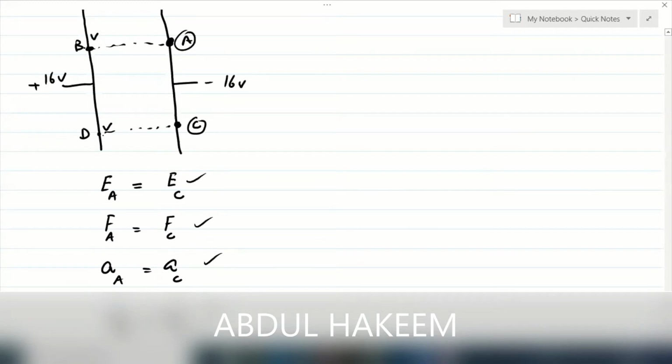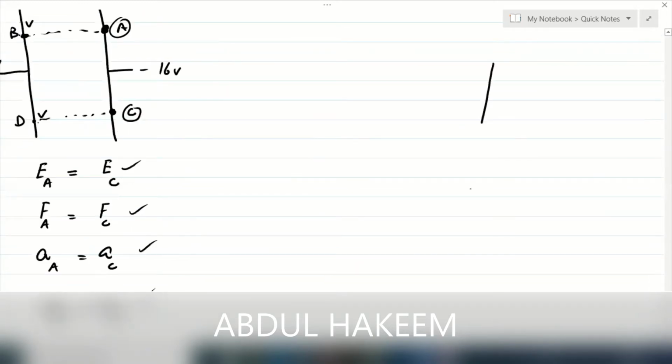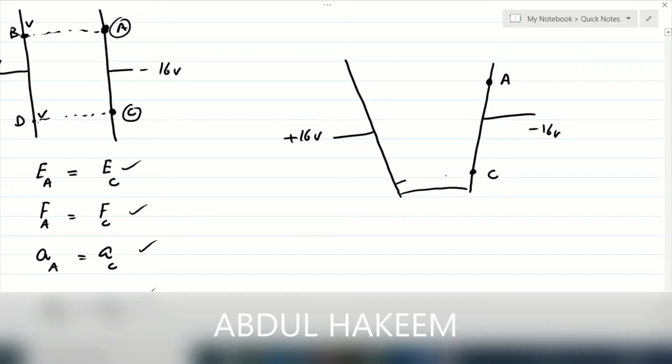But when these two plates are not parallel to each other, their potentials are the same, 16 volt and minus 16 volt. One electron is ejected from A, another from C. Look, now the field is non-uniform. It is getting weaker gradually.